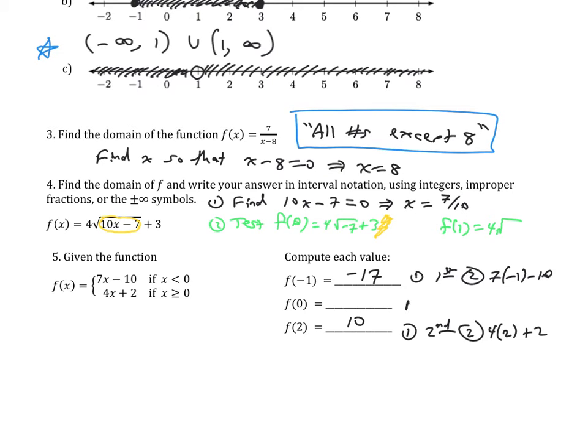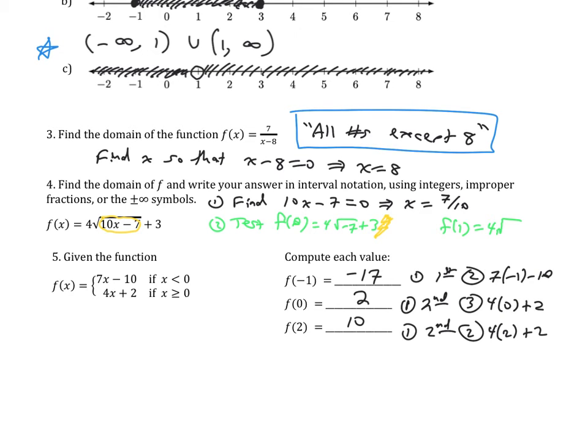But I have to look at it a little more carefully to make that decision. So when the input is 0, I'm using the second piece of this piecewise defined function. And then the second piece's formula, just like before, is 4x plus 2. So putting 0 for x in the formula 4x plus 2 gives me 4 times 0 plus 2, which is 2.